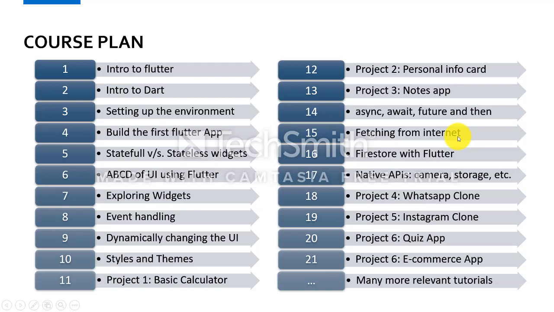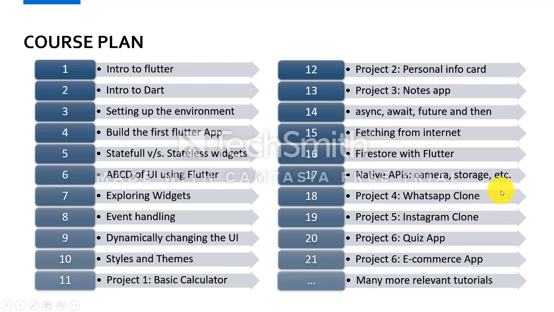We will fetch data from APIs and show the fetched data in our app. Then we will use Firebase Firestore, and we will communicate with Firebase using a Flutter application. Then we will try to access camera, storage, native APIs basically, sensors, etc.